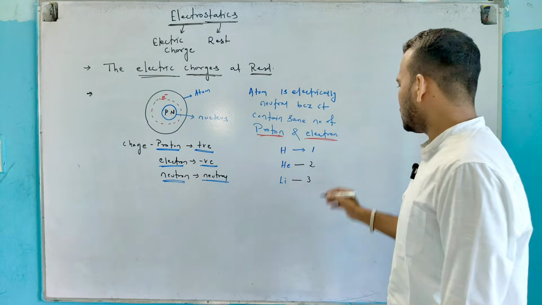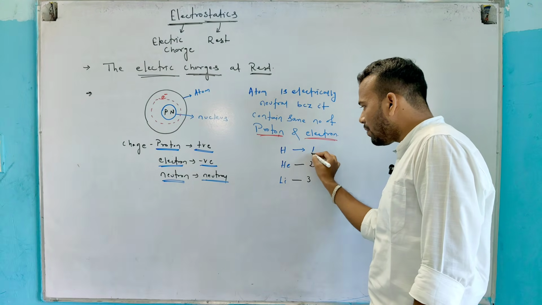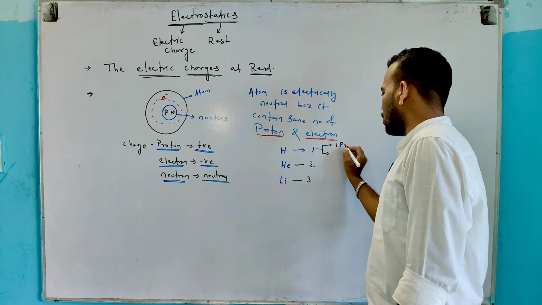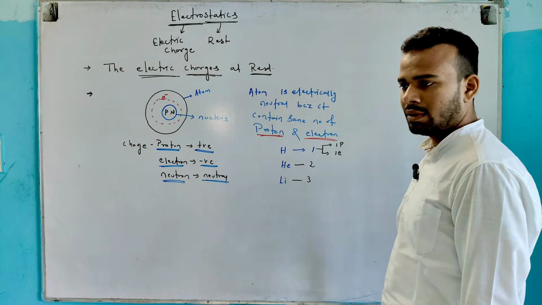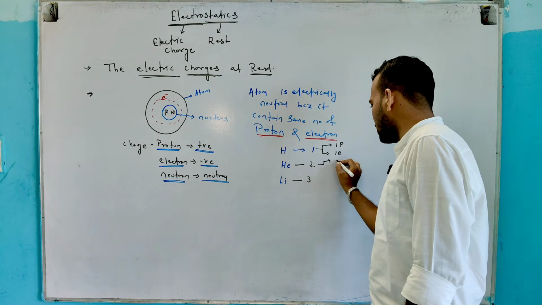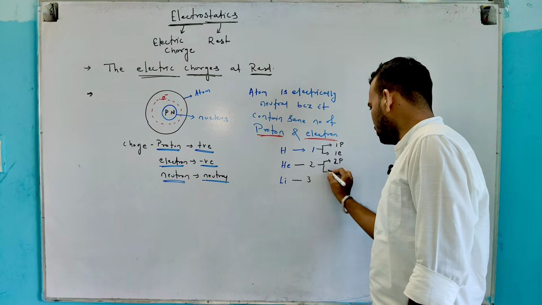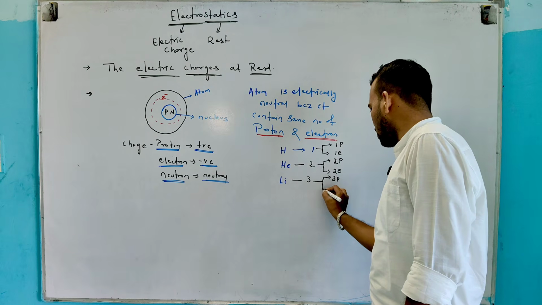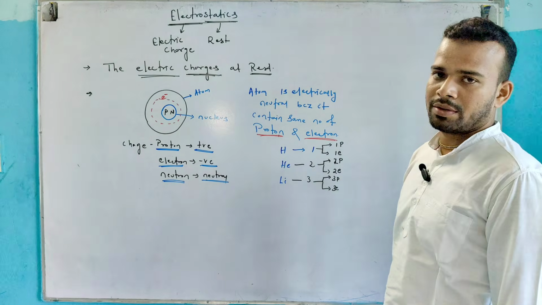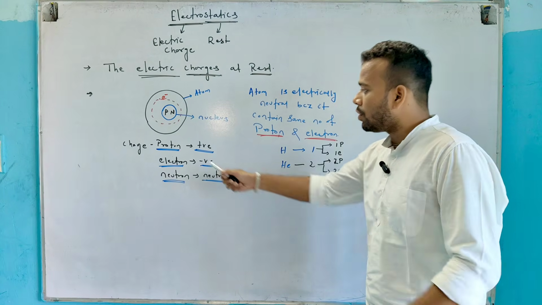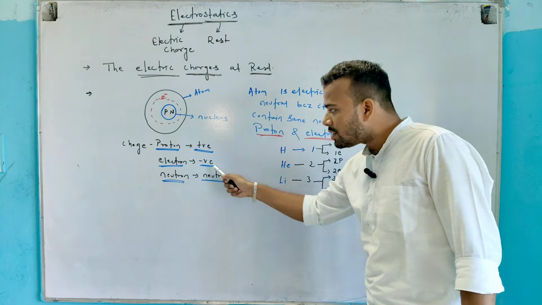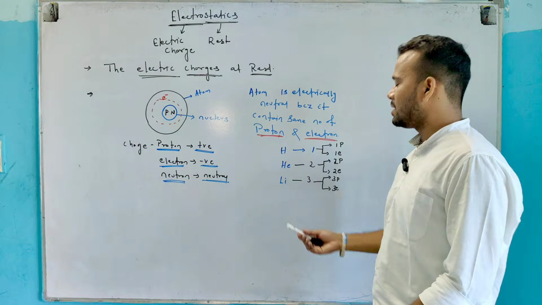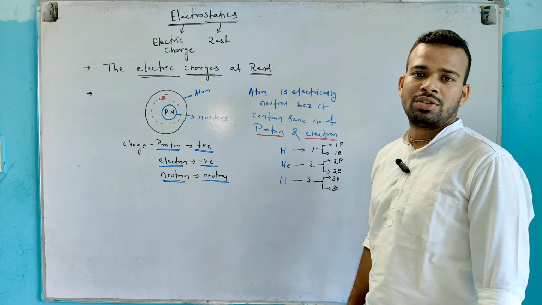Hydrogen contains 1 proton and 1 electron. Similarly, helium contains 2 protons, 2 electrons, and lithium contains 3 protons, 3 electrons. As the charge of a proton is positive and the charge of an electron is negative, both cancel each other out. Hence, the hydrogen atom is neutral.